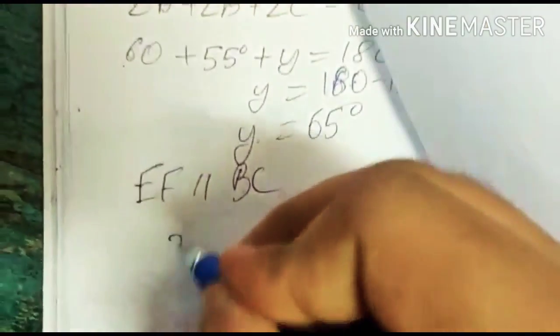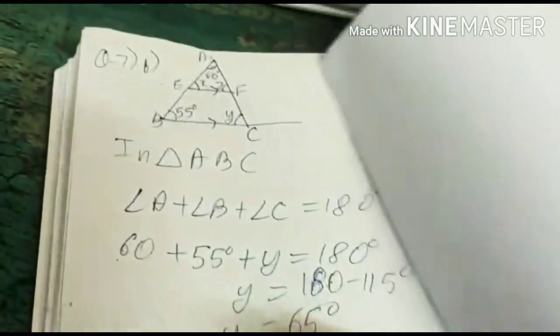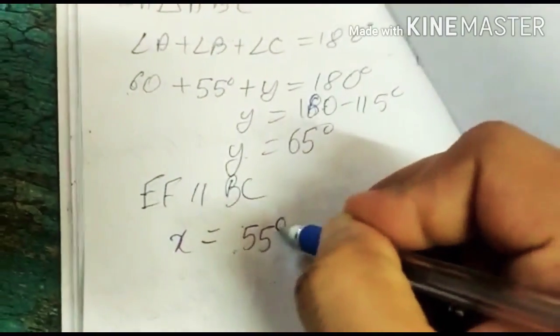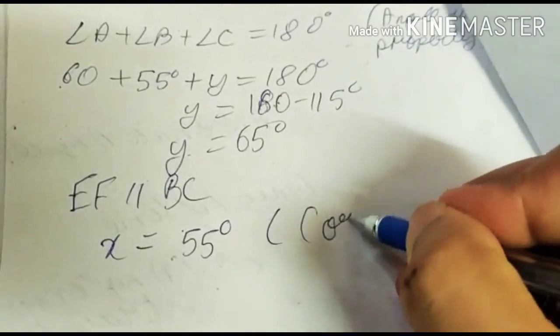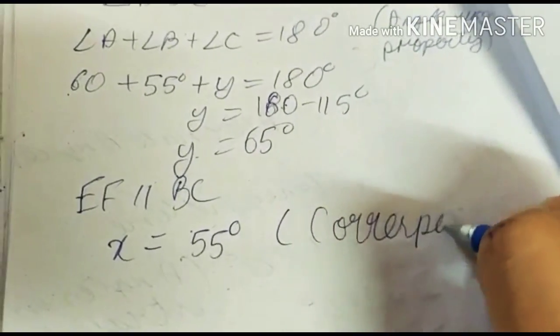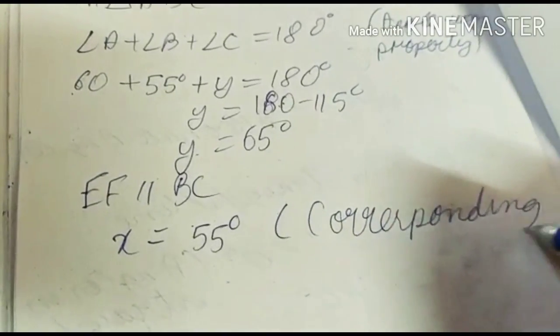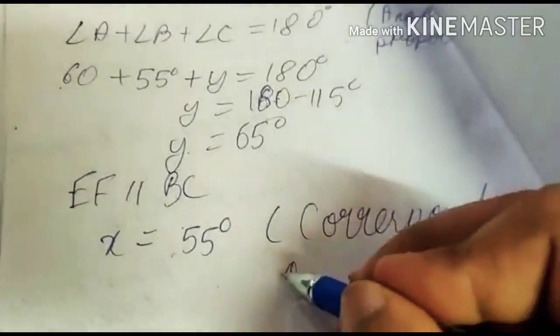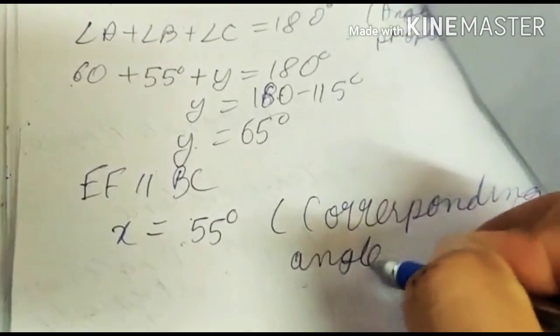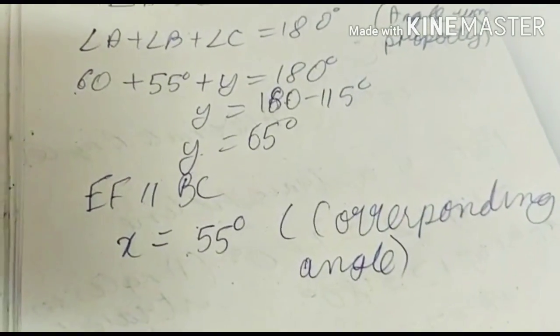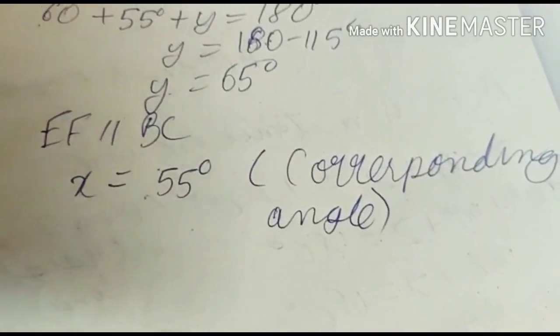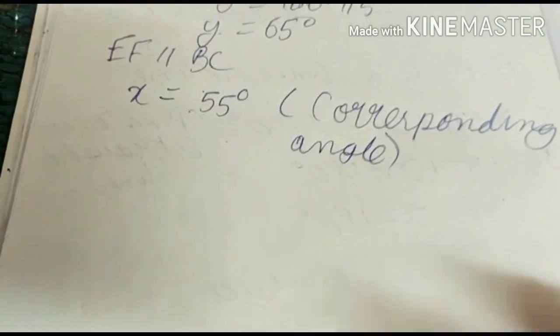So x equals 55 degree. How? It is corresponding angle. In corresponding angles, what was the requirement? The angles should come on the same side of the parallel lines and be cut by the same transversal.